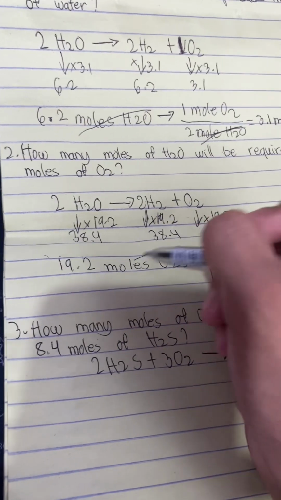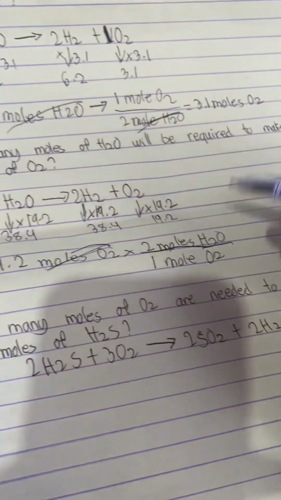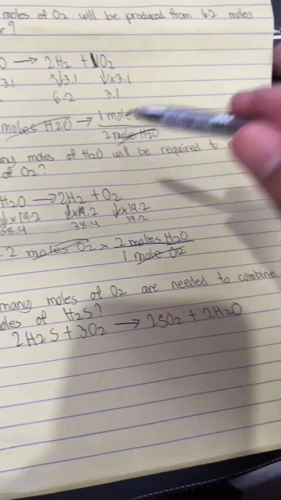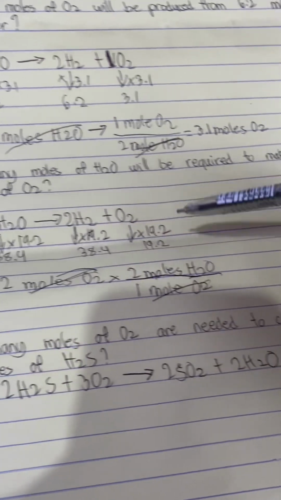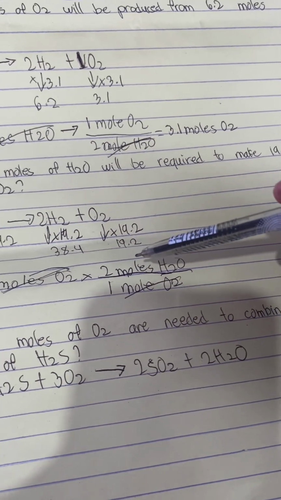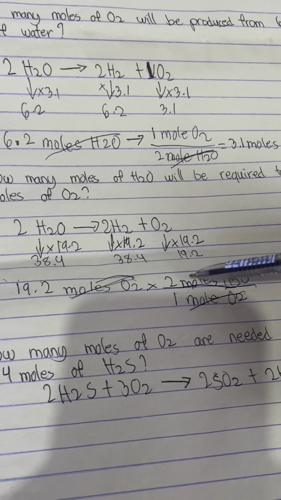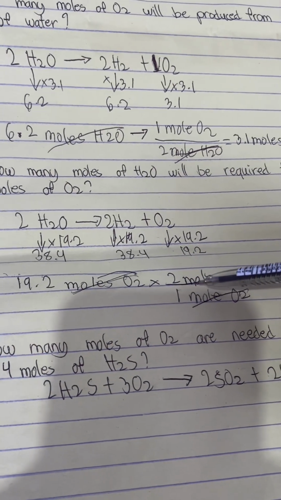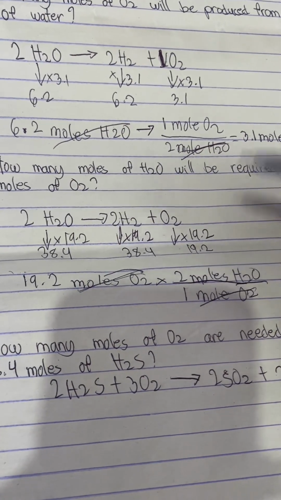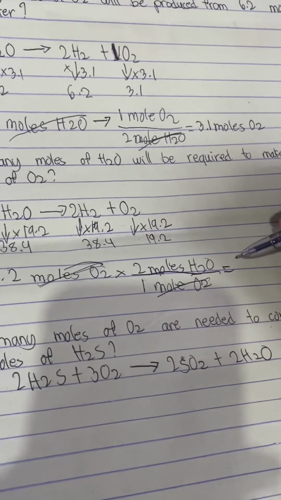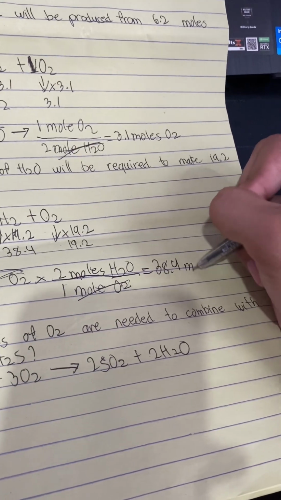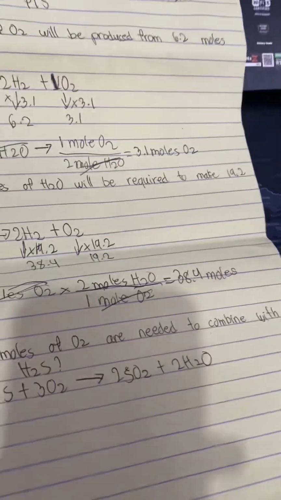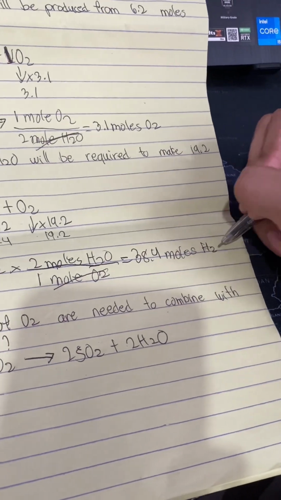Then slash, and then close, and we're going to times it. 19.2 times 2 equals 38.4 divided by 1. It will become 38.4 moles of H2O.